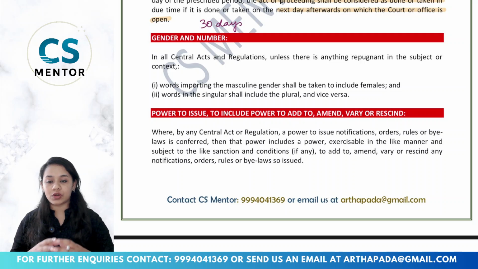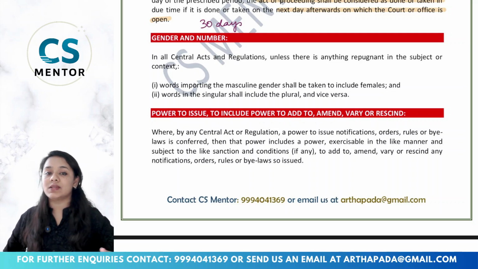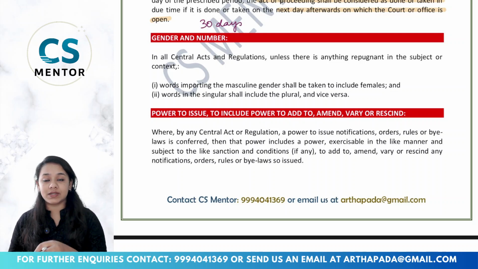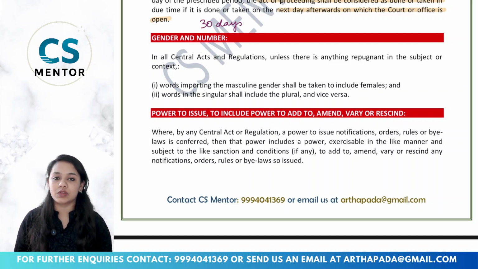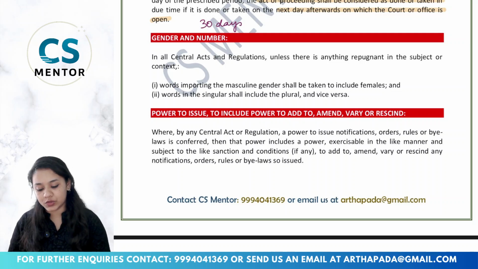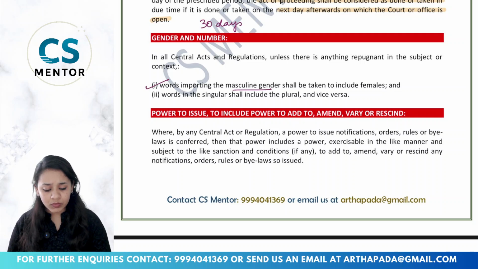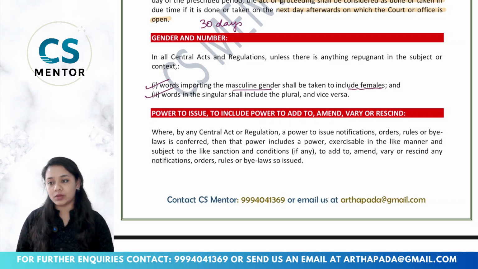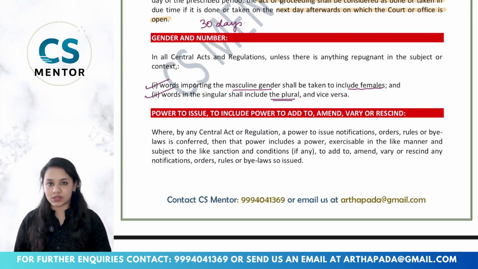So, unless the law is about women itself, he includes she, and if a word is mentioned in its singular form, then it is to be taken as plural also. And that is what they're saying over here. Words importing the masculine gender should be taken to include females, and words in the singular should also include the plural and vice versa.